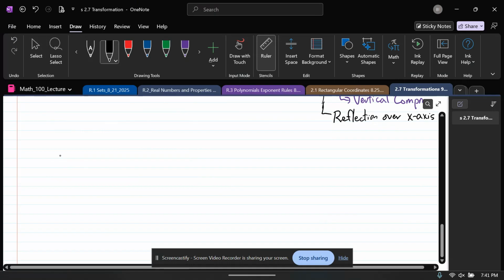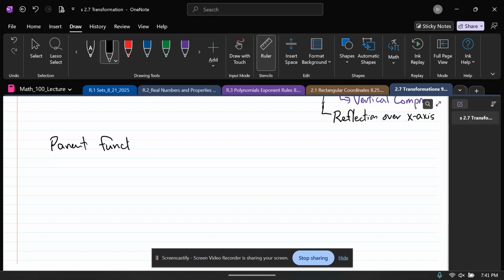All right, what if the parent function is f of x is equal to the square root of x? Here's our transformations. Negative square root of x plus 2, and then a plus 8 on the outside.